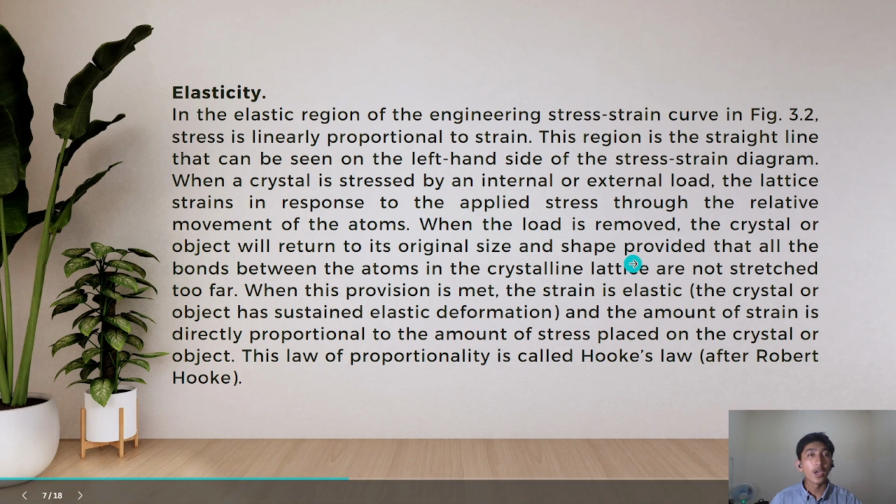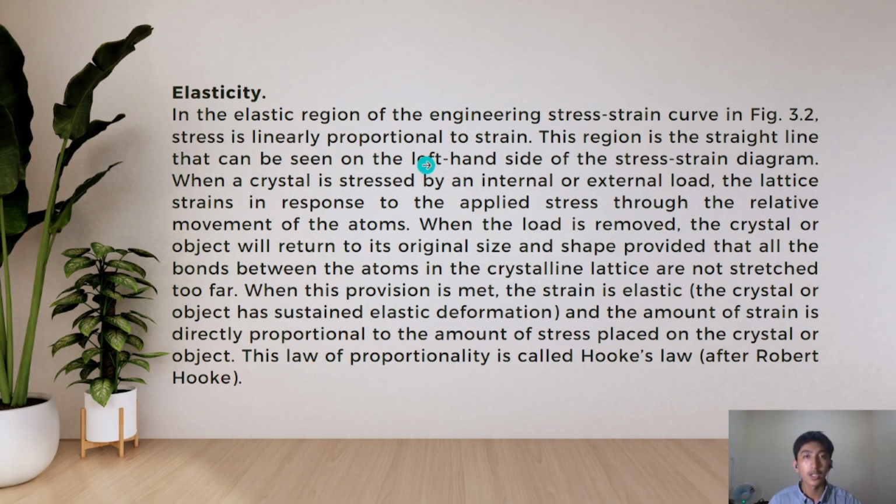Elasticity. In the elastic region of the engineering stress-strain curve in Figure 2, stress is proportional to strain. This region is the straight line that can be seen on the left-hand side of the stress-strain curve.